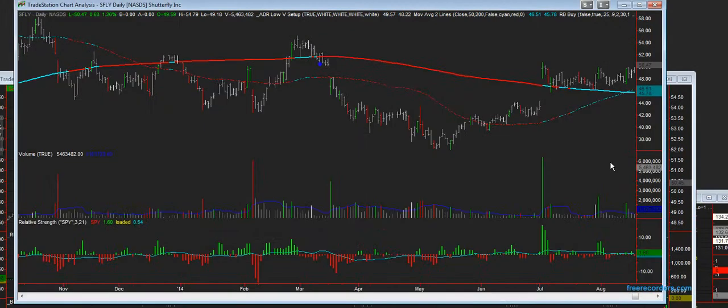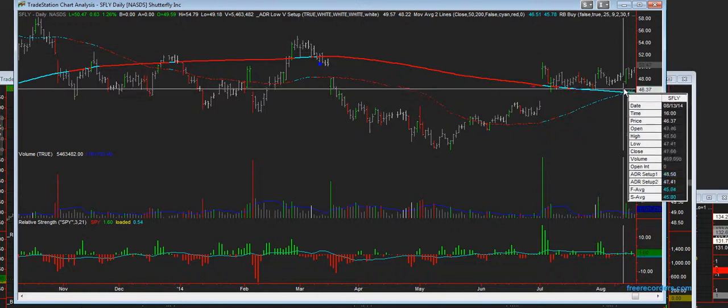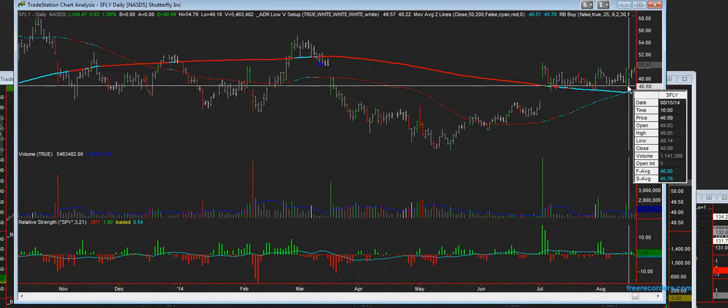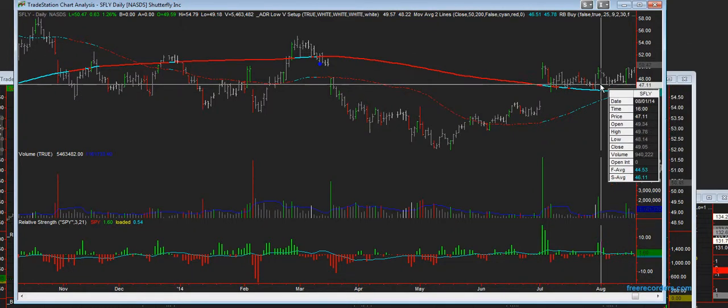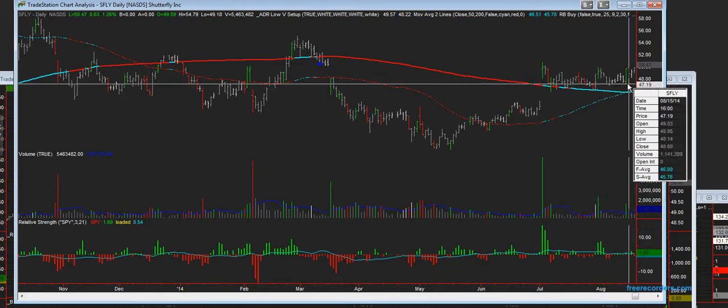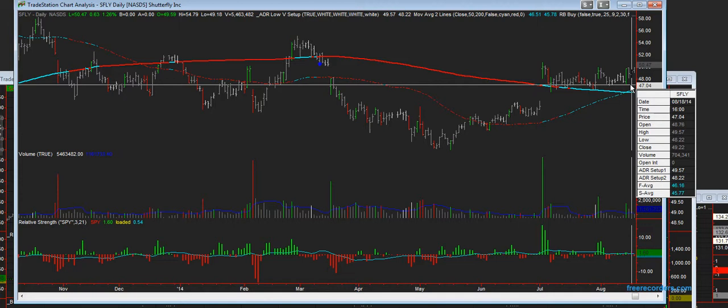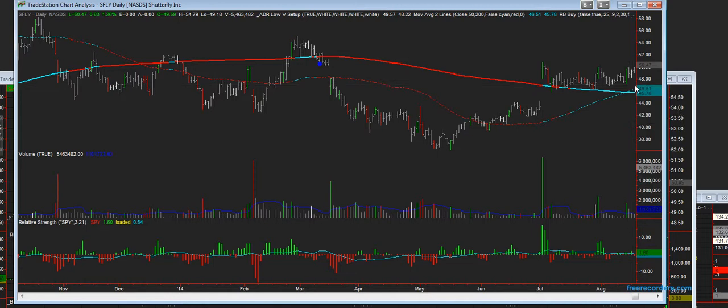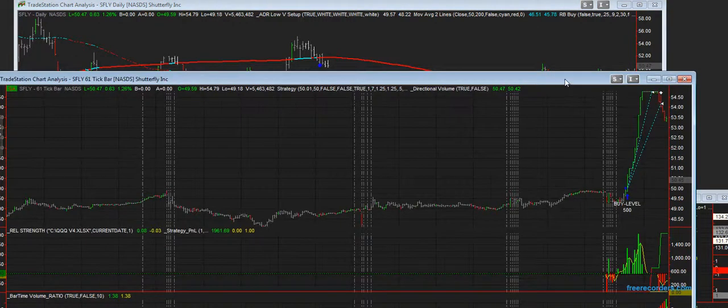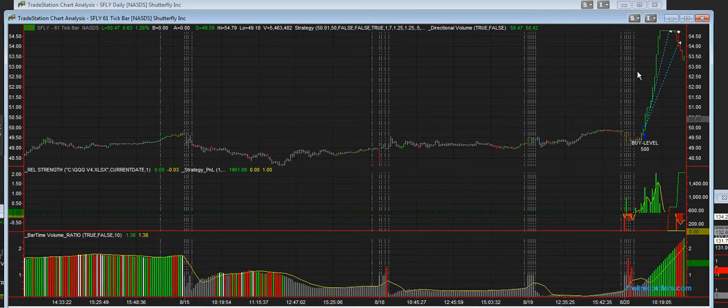So if we go in here, we know the level is 50, the high is 49.85, and it'll take the subsequent low, in this case 48 and change, multiply by 2.618, and then it'll come up with a Fibonacci 2.618 target, which obviously this move triggers.